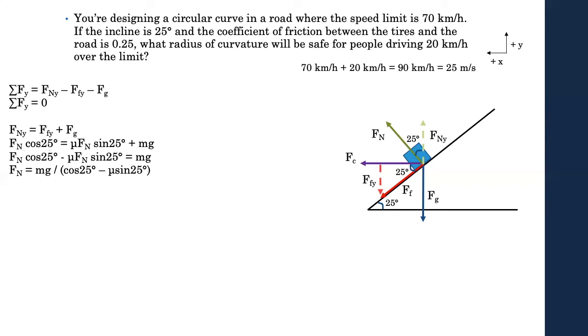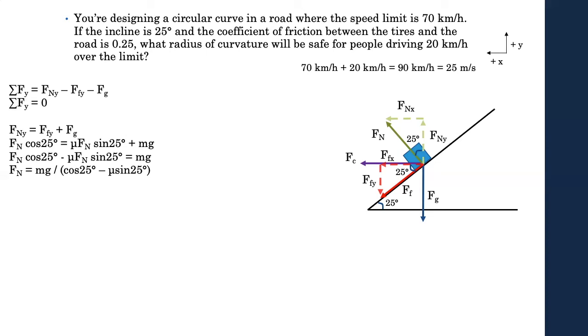And so you can rearrange to try to solve for the normal force. And so we're left with this equation that the normal force is equal to the mass times gravity divided by cos 25 minus coefficient of friction times sine 25.